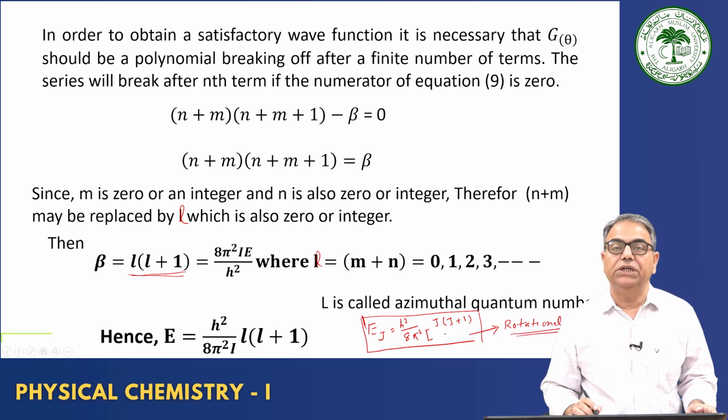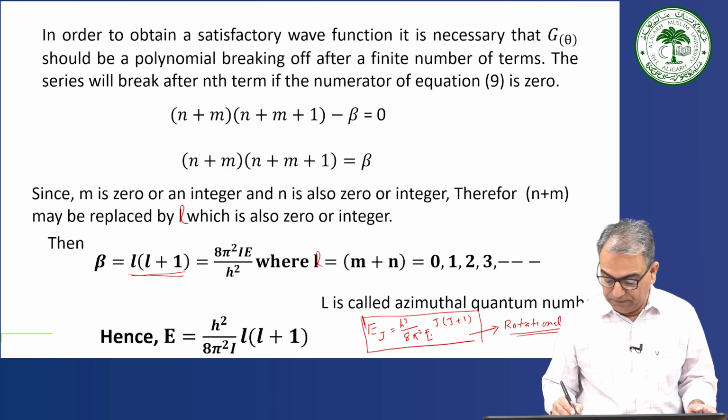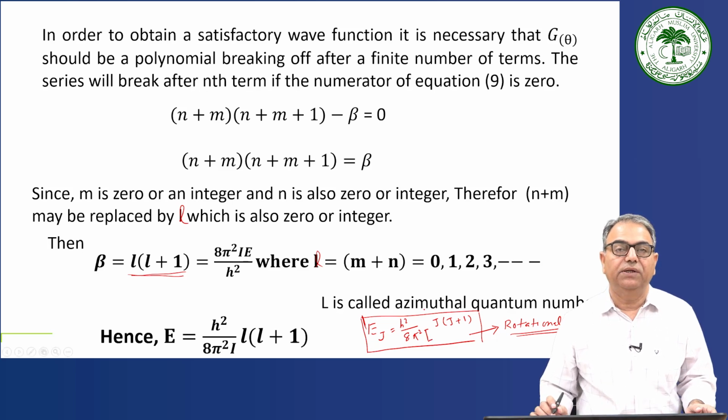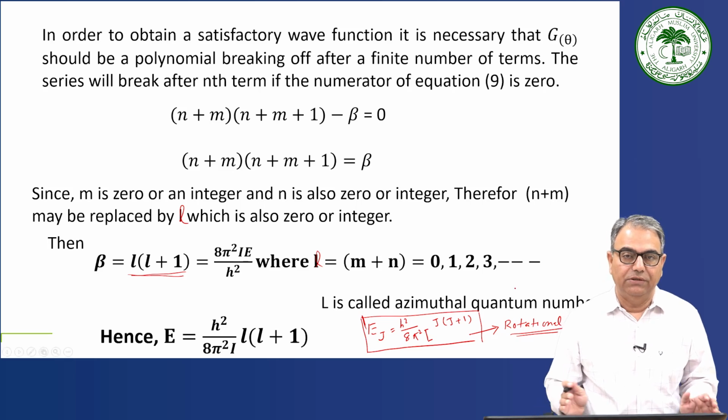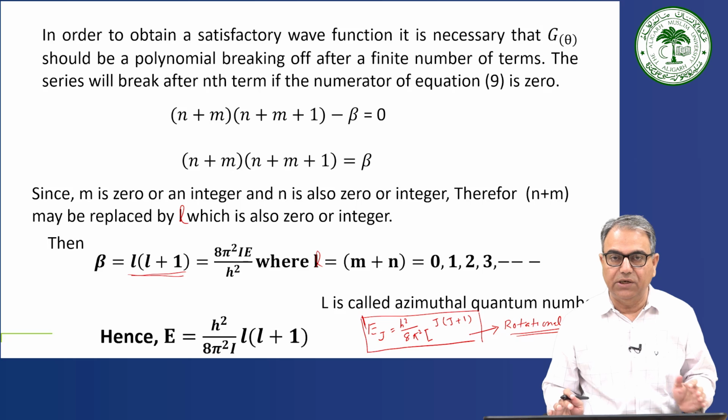This gives you the rotational energy levels, h square divided by 8 pi square I, j into j plus 1. So the only difference is L is replaced by j, and you say j is the rotational quantum number.